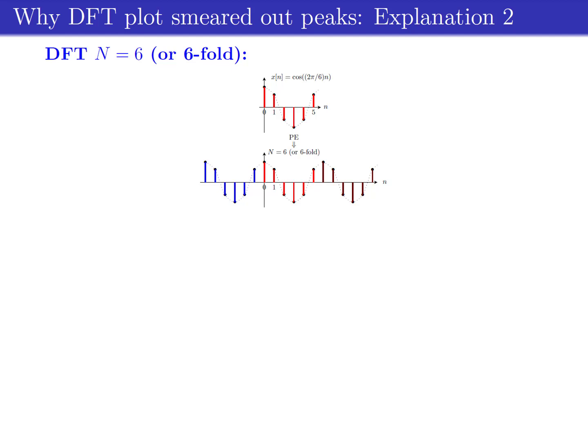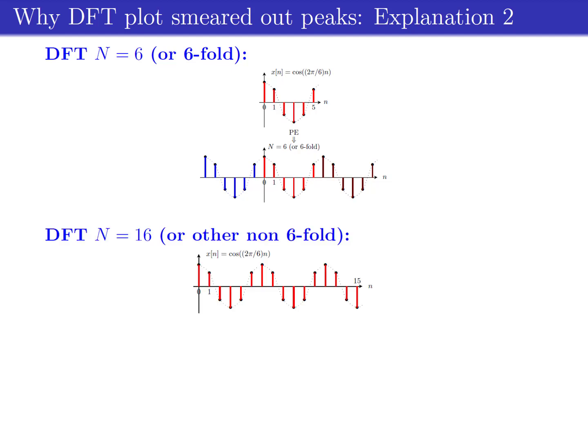Because one period of x[n] consists exactly of 6 samples, in red, the samples of the periodic extended signal are exactly the same as the samples of the original periodic signal x[n]. In other words, the peaks of the DFT frequency samples coincide exactly with the peaks of the phasor frequency of x[n] in this example. The same reasoning holds when choosing the length of the DFT any other 6-fold, thus N is 12 or 18, etc.